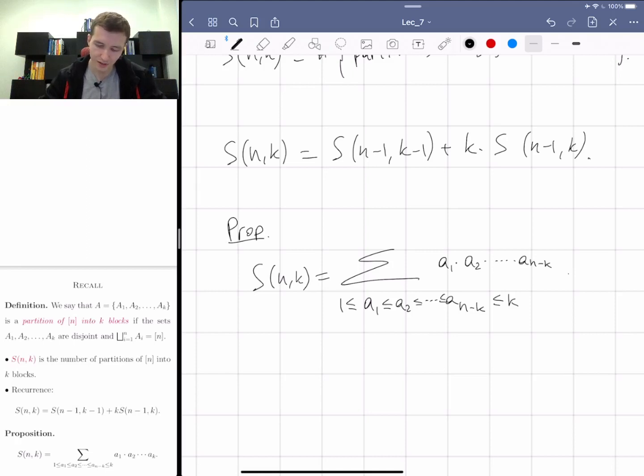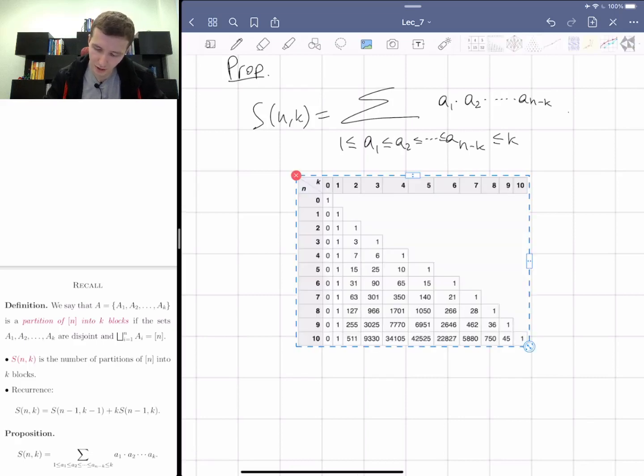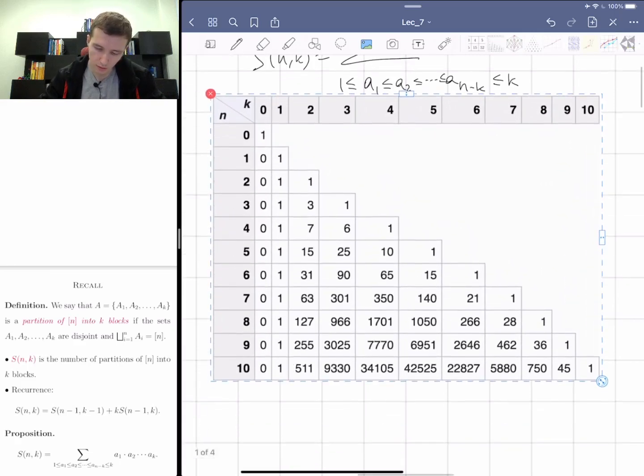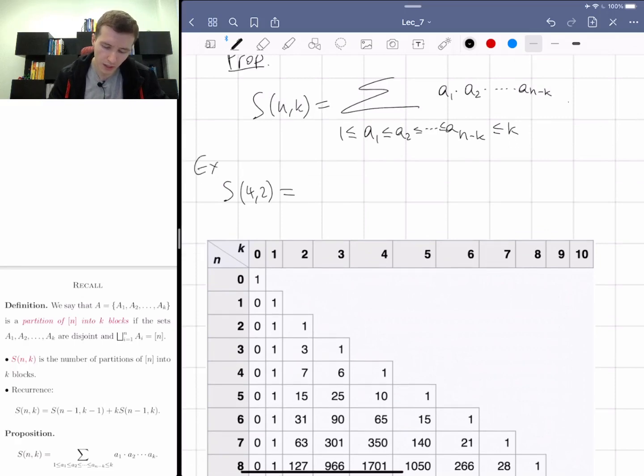Let's look at the table and do some example. Let's try 7. S(4, 2) should be equal to 7. I should take the sum over sequences of length n minus k.